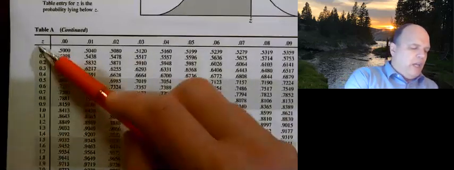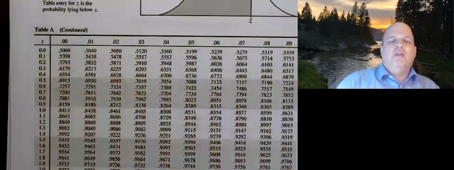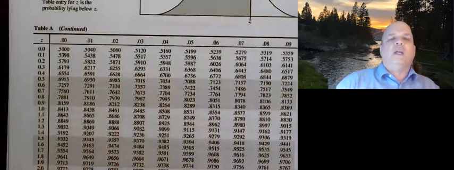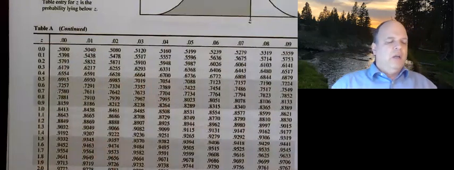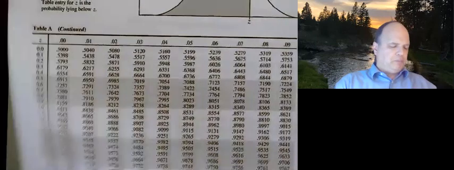The outside, the rows and columns, make up the z-scores. The inside of the table are percentile ranks, or you can refer to them as probabilities.